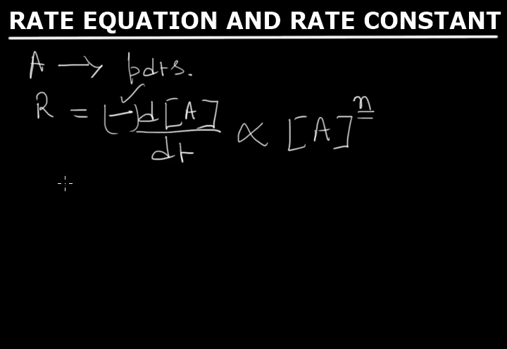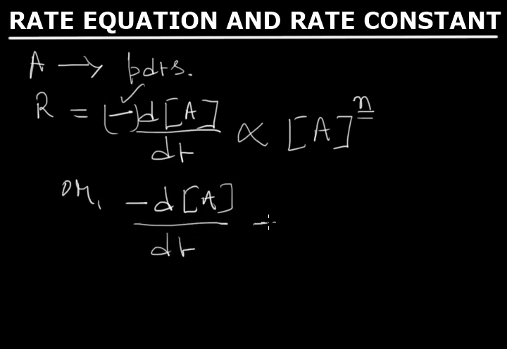So the order of the reaction is n, or minus dA dt is equal to some constant K into molar concentration of A to the power n.